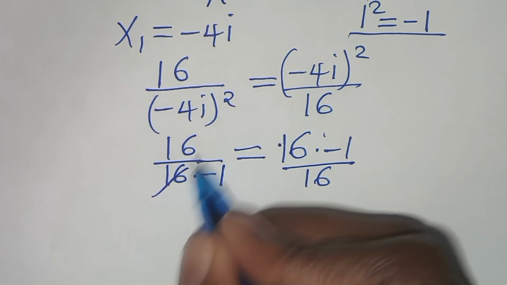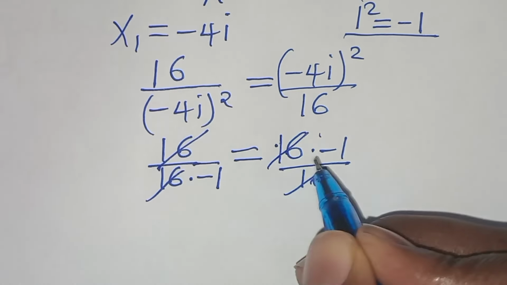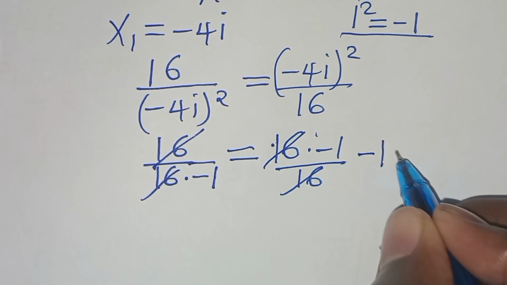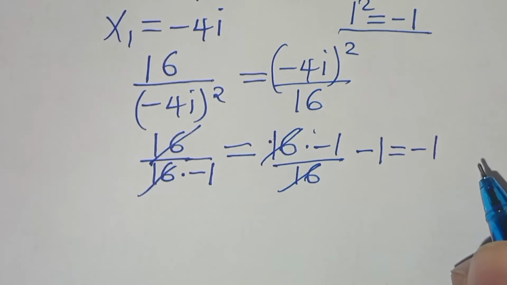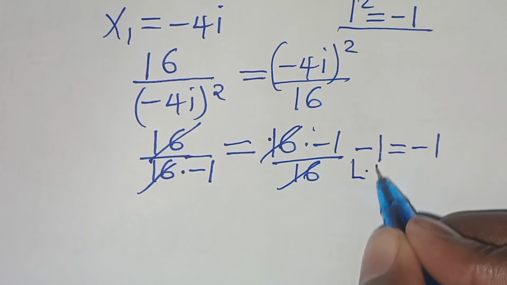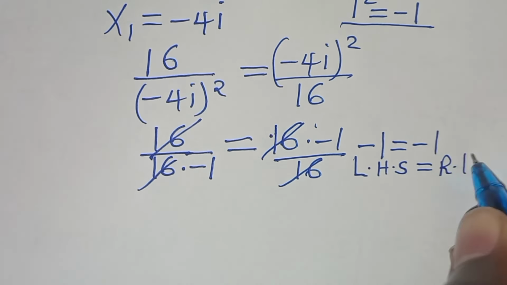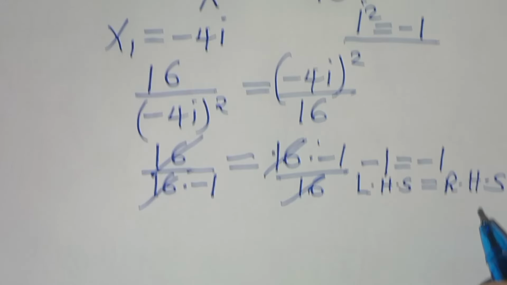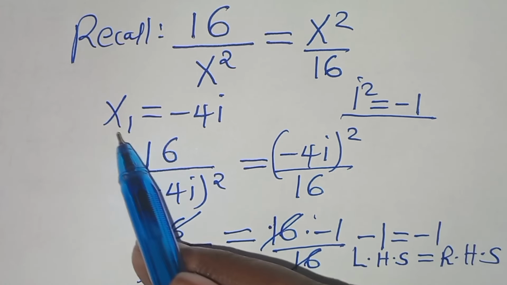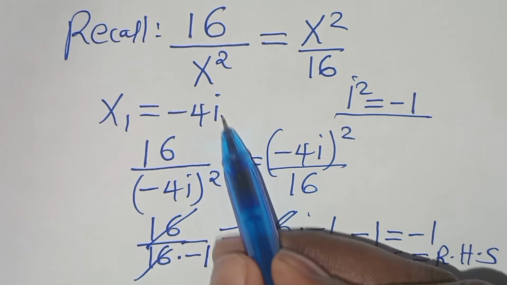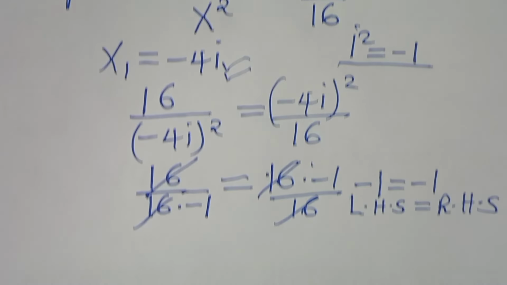If we simplify here, we have that minus 1 is equal to minus 1. So the left hand side is equal to the right hand side, and that proves that x1, which is minus 4i, satisfies the equation.